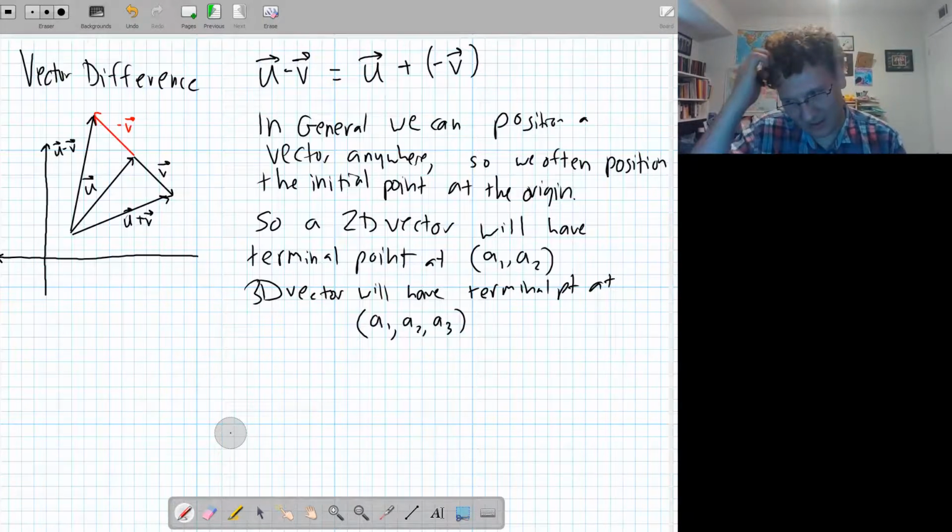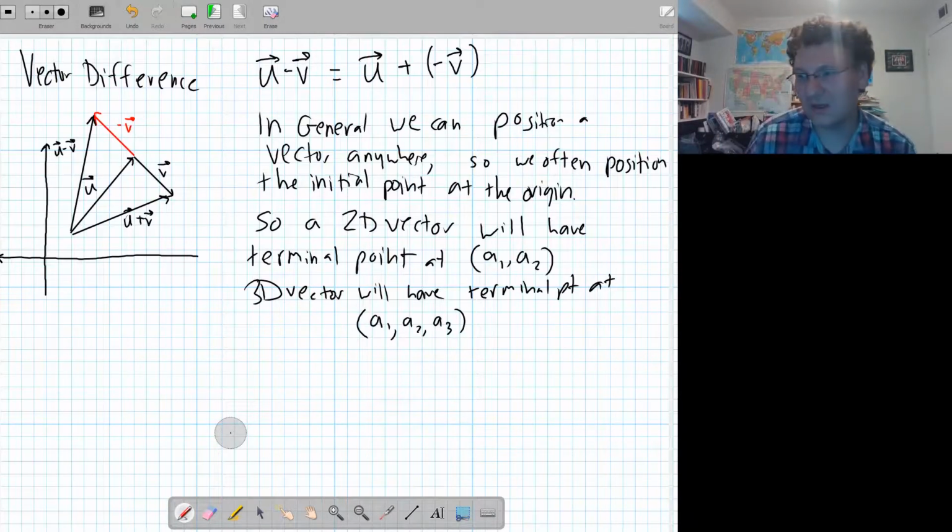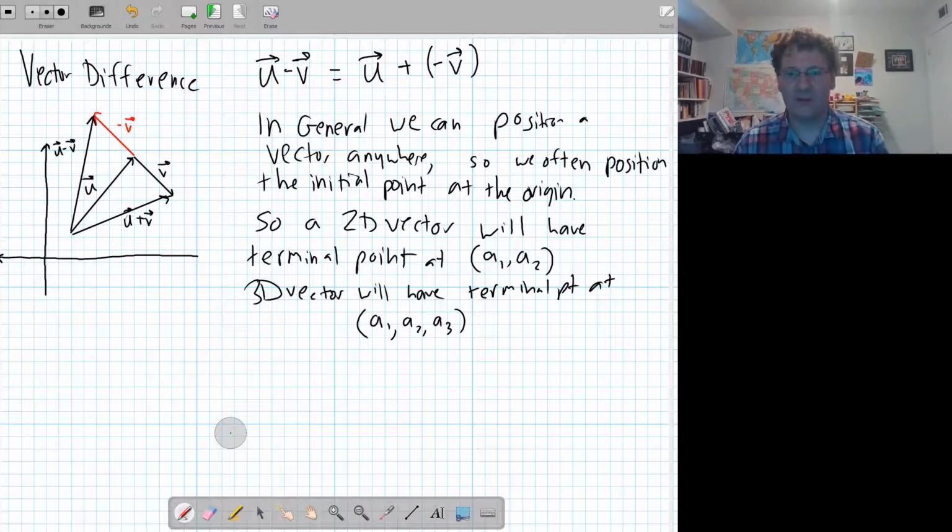The idea then is we're going to be using the terminal points of the vector that's been positioned at the origin as the components of the vector.